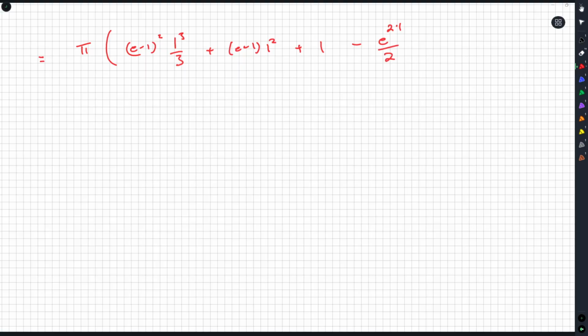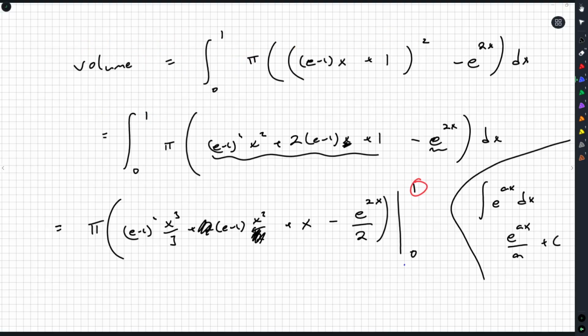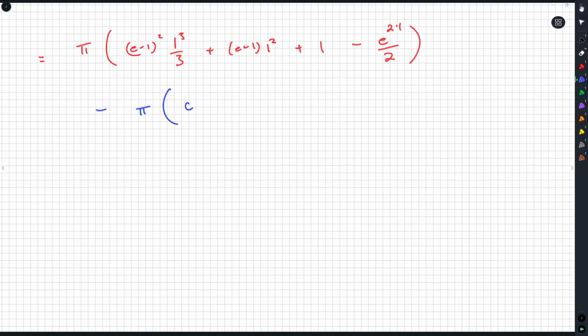Okay. So there we go, and then we'll do the next one in blue, so minus pi, and we'll plug in 0. The nice thing is, all of this stuff's going to go away when we do the 0. So we get 0 plus 0 plus 0 minus e to the 2 times 0, oops, not over 0, but over 2.